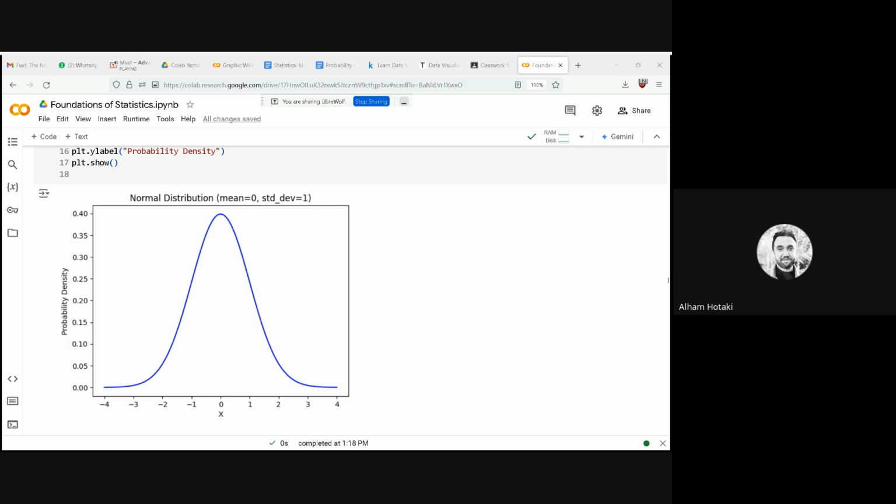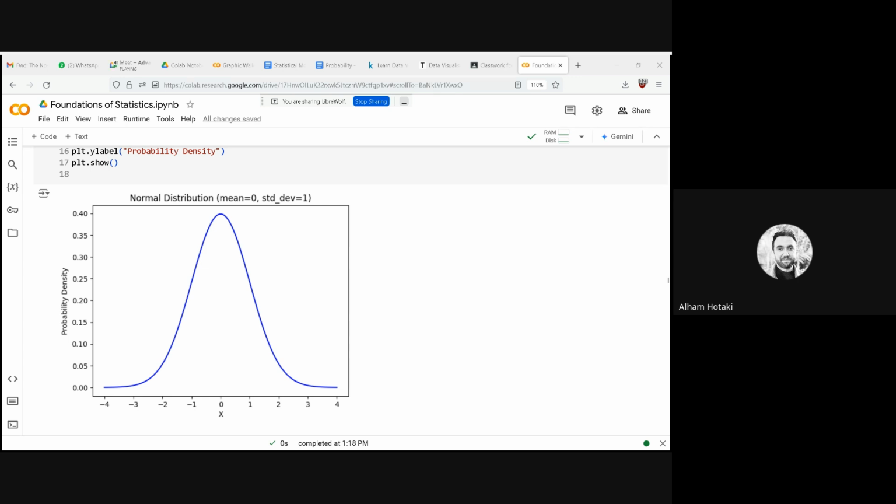So this is what we will be focusing on, and I hope you understood what the continuous distribution is and what the discrete distribution, binomial distribution, and normal distribution are.